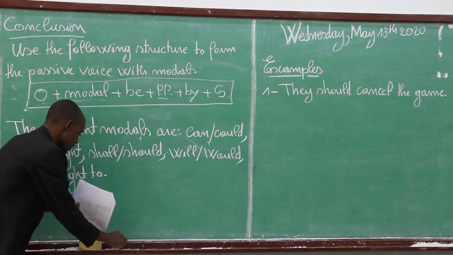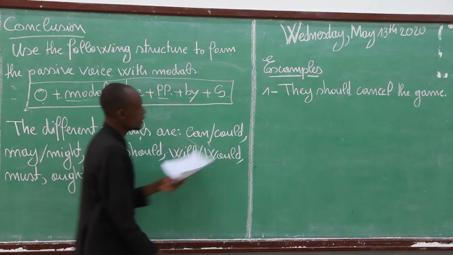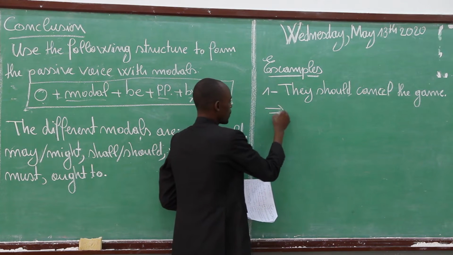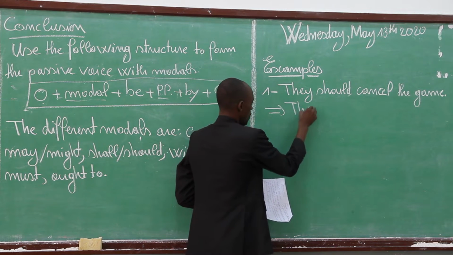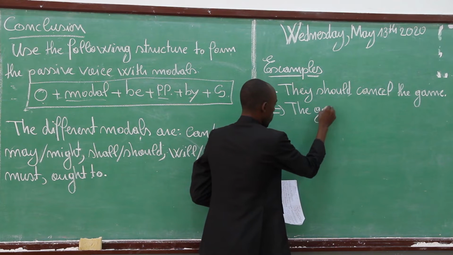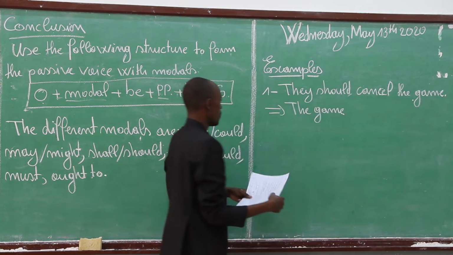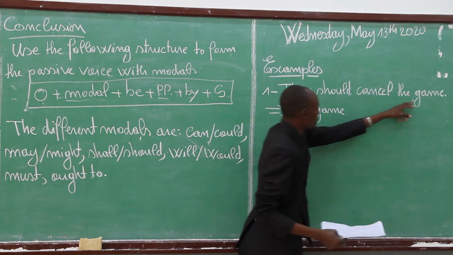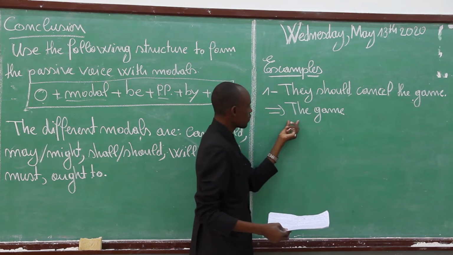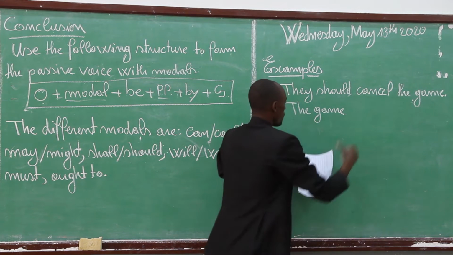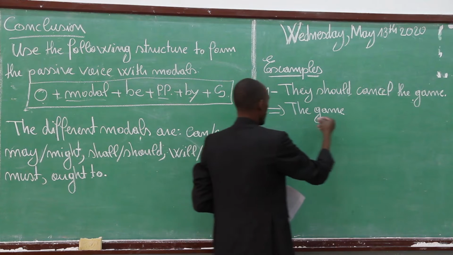Now let's turn this sentence into passive voice. This sentence is in active voice. In passive voice we have the game. The object is here. We start our sentence with the object. The game is the object, and the object starts the sentence.